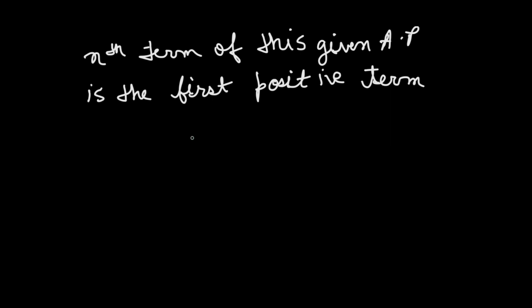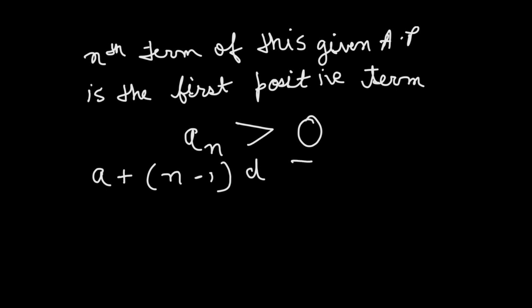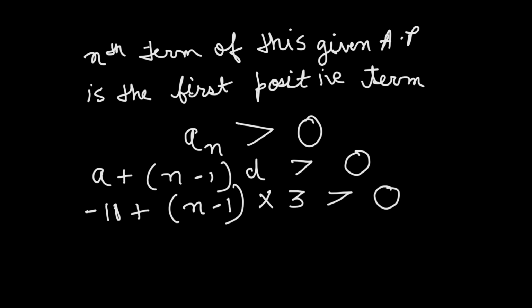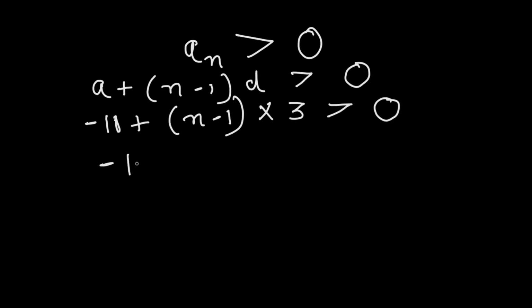So it means the nth term will be greater than 0, as the formula for the nth term is a plus n minus 1 d. So the value of a is minus 11 plus n minus 1 and the value of common difference, which we already calculated, is 3. So minus 11 plus 3n minus 3 greater than 0.